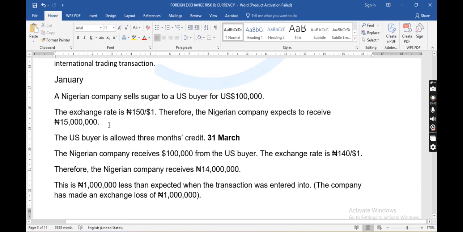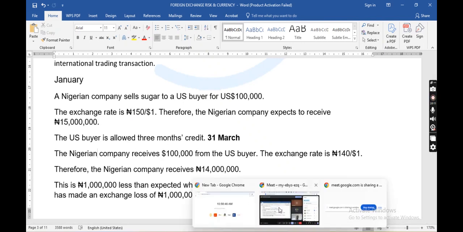You as a Nigerian company, transaction risk, you are expecting 15 million, as initially recognized. Then when the person wants to pay, the exchange rate is 140 to $1. So the US buyer is allowed 3 months credit. Interesting.